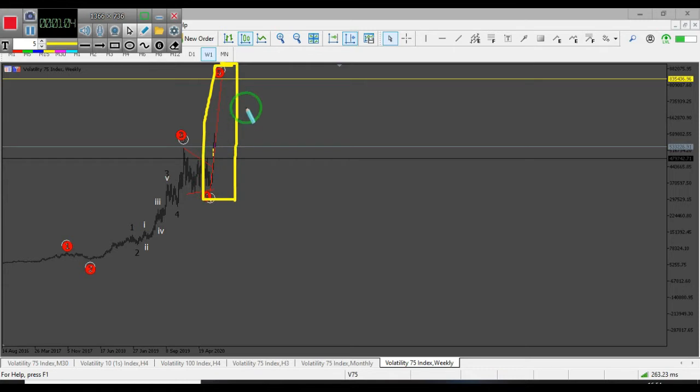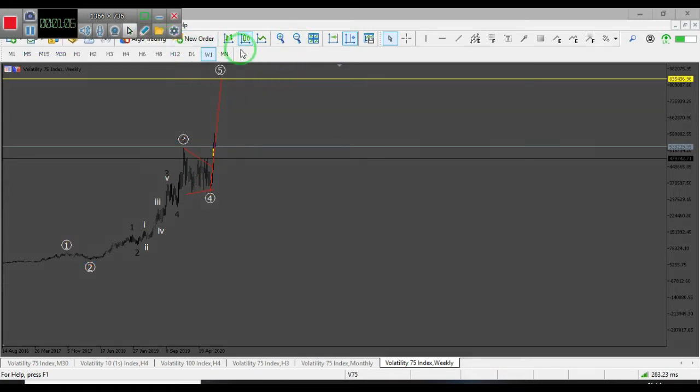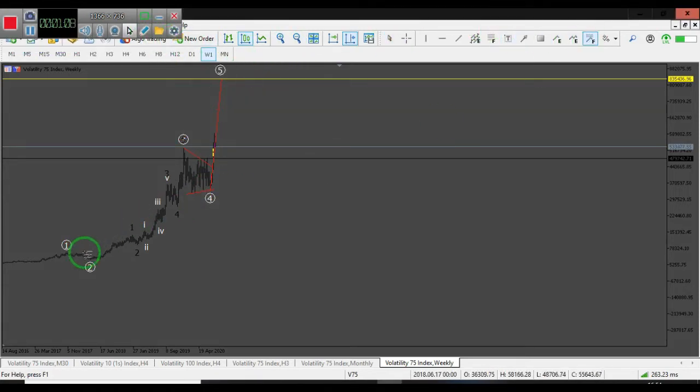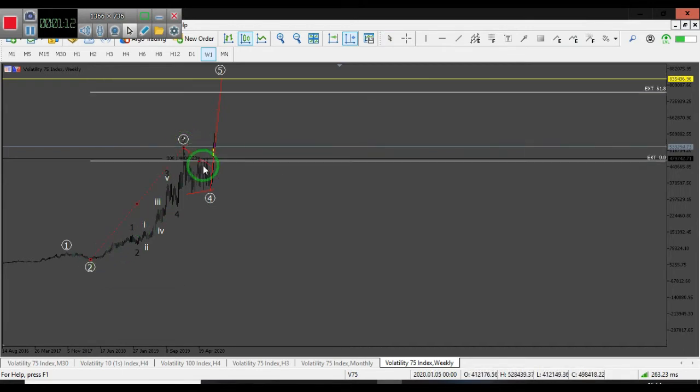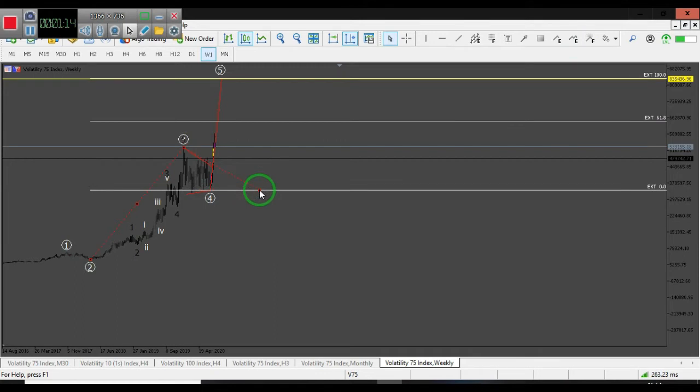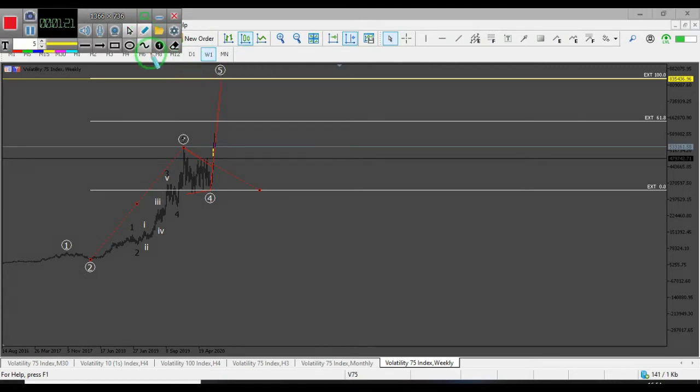We are extremely bullish. And if we use the Fibonacci to project our expected levels of wave 5, as you can see, this is what we have. Our first level for those conservative traders, this is where our first level will be.